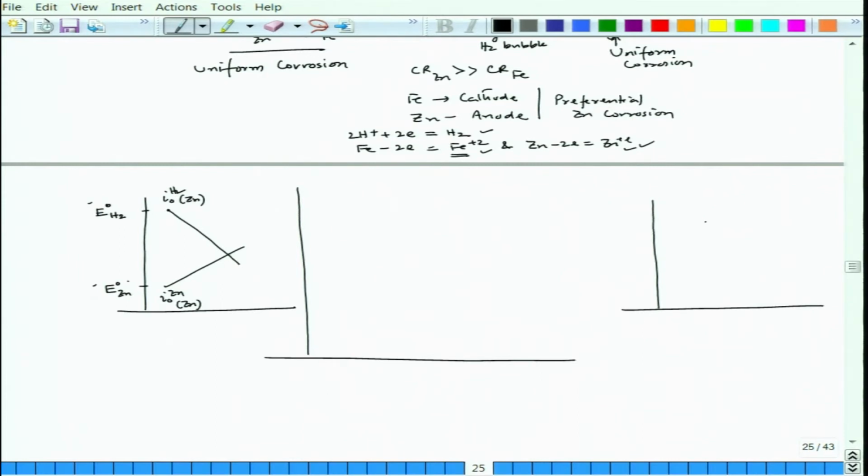Now, in this case, you see here it will be the same on the iron surface.